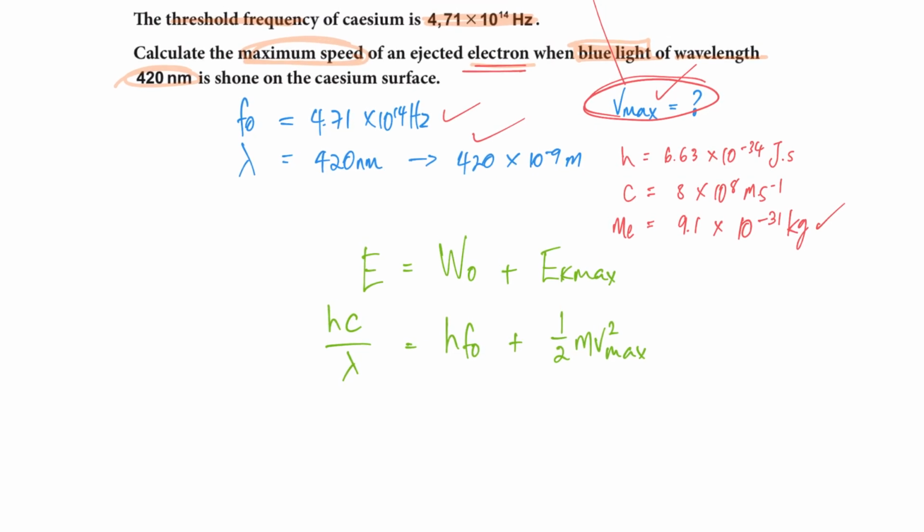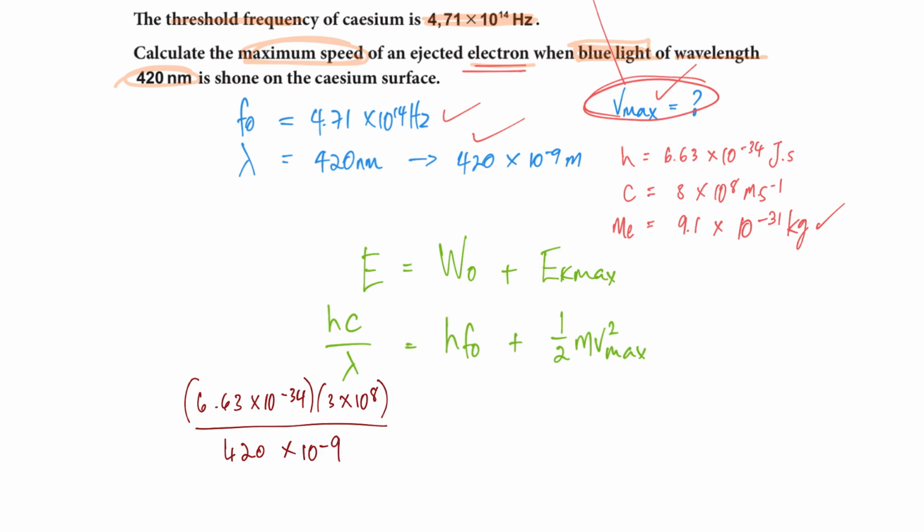So all I've got to do now is substitute my information. I know h is 6.63 times 10 to the power of negative 34, and that is going to be multiplied by 3 times 10 to the power of 8, and all of that is going to be all over 420 times 10 to the power of negative 9. So that's the first thing that I have there.